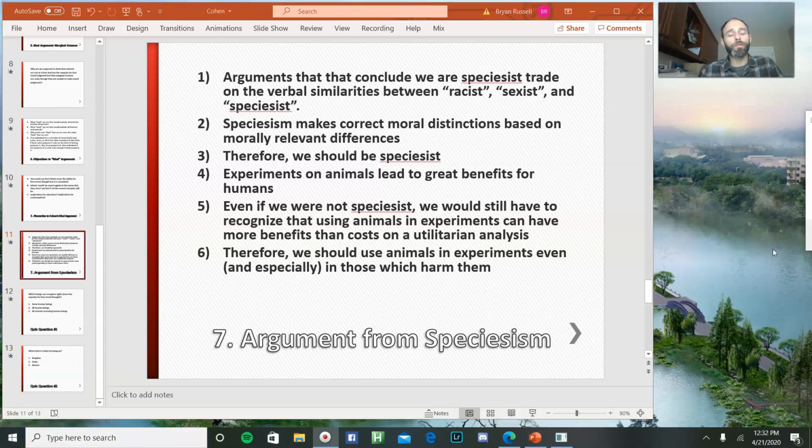So let's sum up a little bit before we get to our quiz questions. There's a distinction sometimes made between moral agents and moral patients. Moral agents are those beings which are able to think morally and be motivated by moral considerations.